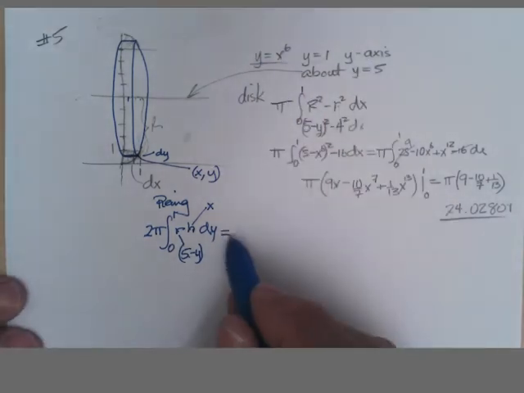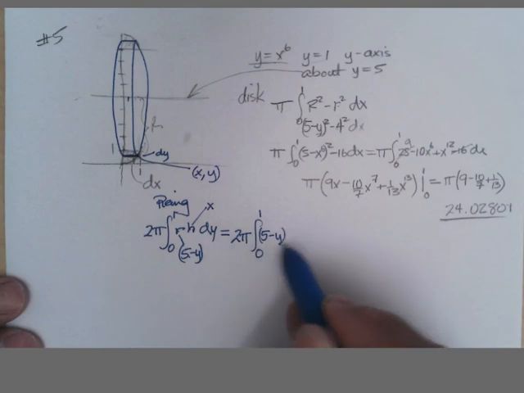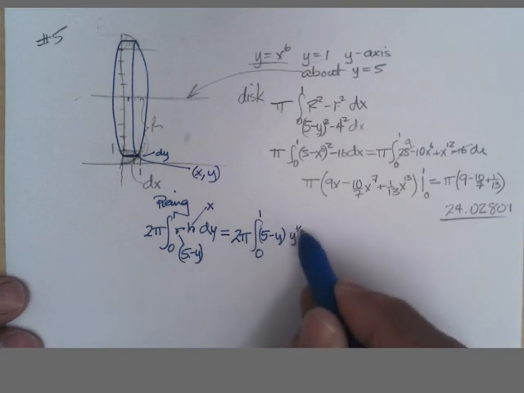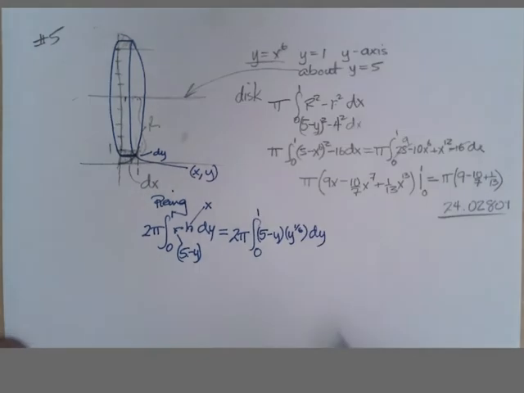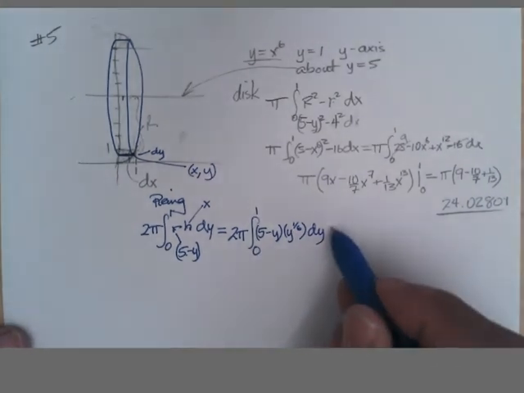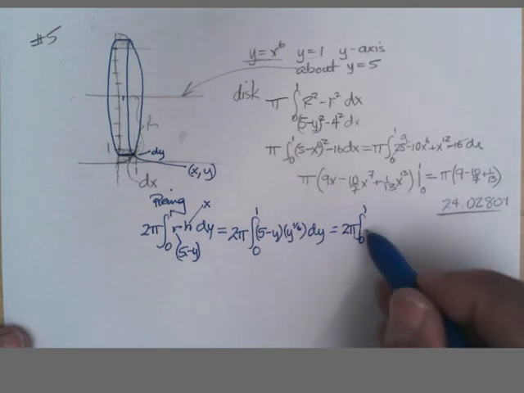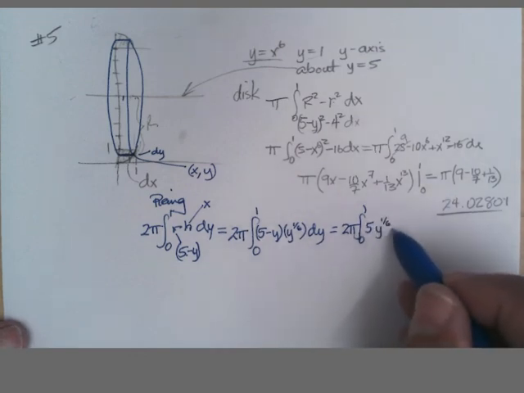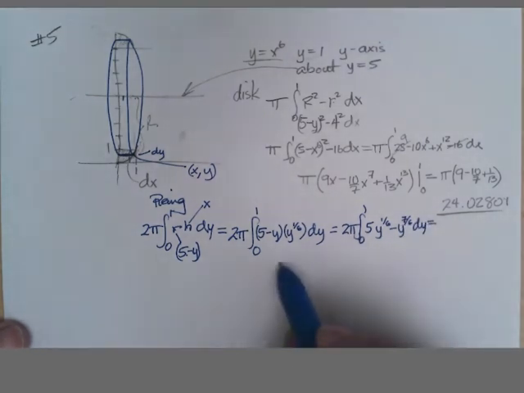So this becomes 2 pi, antiderivative, 0 to 1, 5 minus y times y to the 1/6, which is what x is, dy. Distributing that, I get 2 pi, 0 to 1, of 5y to the 1/6 minus y to the 7/6 dy, which equals 2 pi.